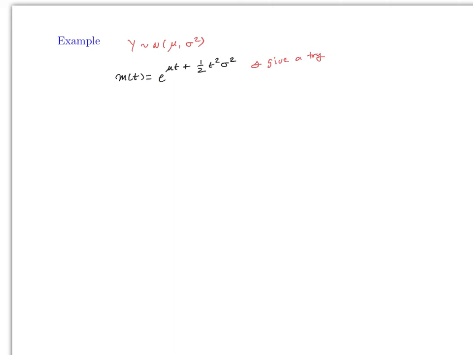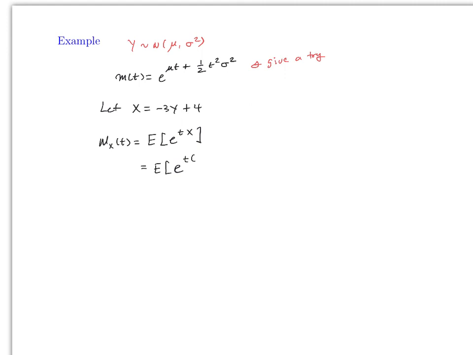So let's say that we have a new variable. Let X equal minus 3Y plus 4. So let's find the moment generating function of X. By definition, this will be the expected value of e to the tX, which is the expected value of e to the t times minus 3Y plus 4.